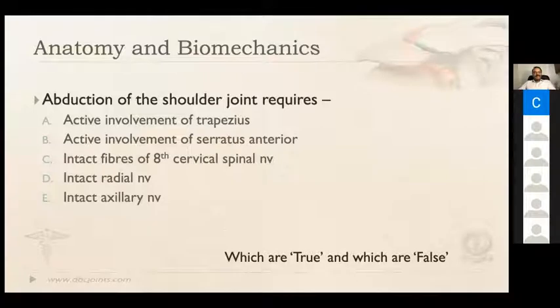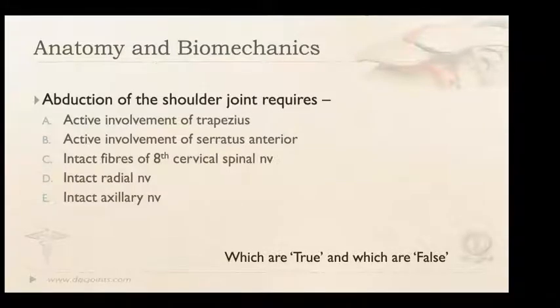Abduction of the shoulder joint requires, which all are true? Active involvement of trapezius, intact axillary nerve. That's true. Yes, that is true, correct.